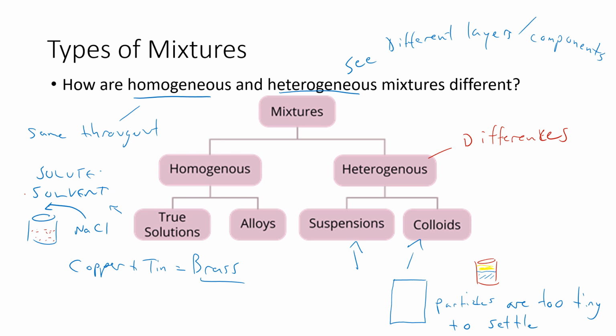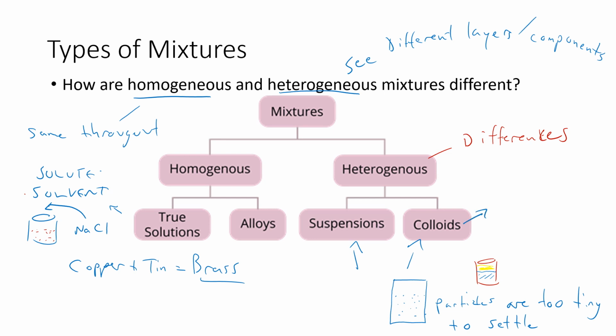So they are technically heterogeneous if you look very closely, but to the human eye, they're going to look like a solution, but they're really not. The particles can be distinguished if you grab a microscope, but the one thing about these is they're going to produce this effect with light called the Tyndall effect.